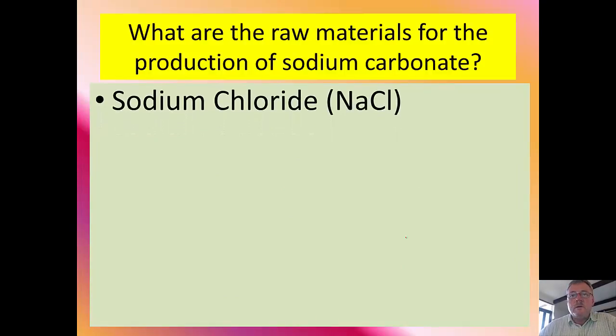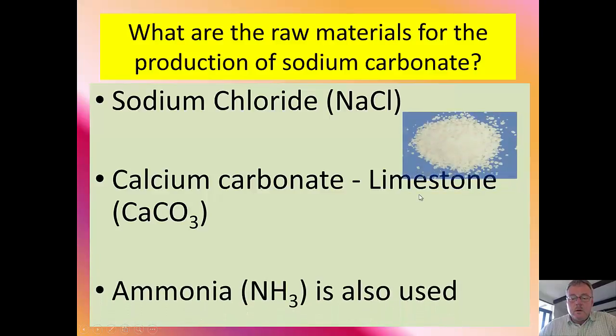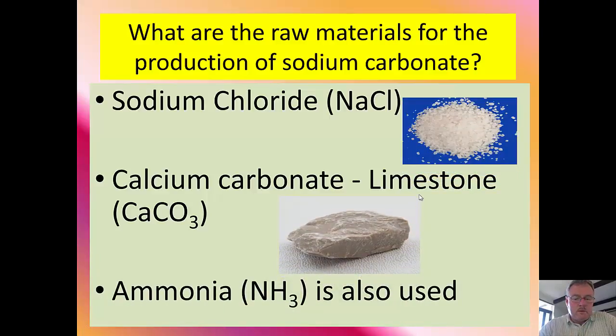Okay, the raw materials necessary for the Solvay process are salt or brine solution, and calcium carbonate, limestone, needed in vast quantities. They use quarries to dig it out of the ground.